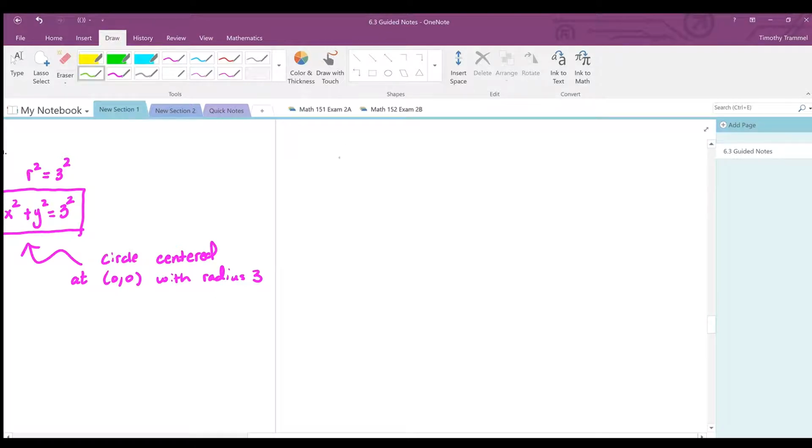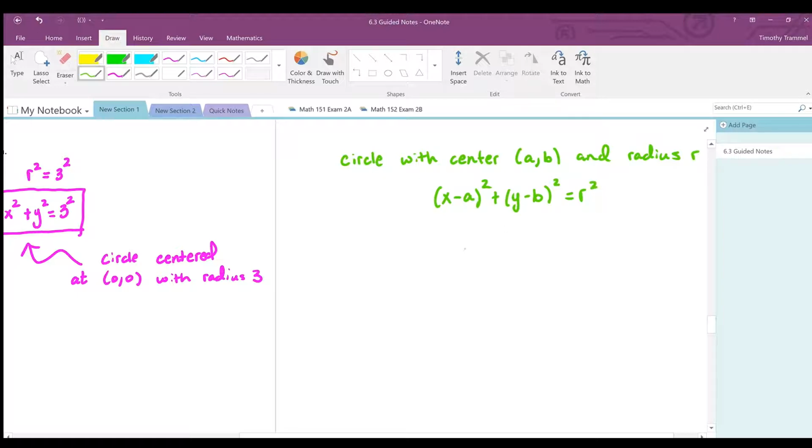If we want the circle with center (a, b) and radius r, the equation is (x minus a) squared plus (y minus b) squared is equal to r squared. Okay. And so if you didn't remember that, hopefully that makes this last example a little bit easier.